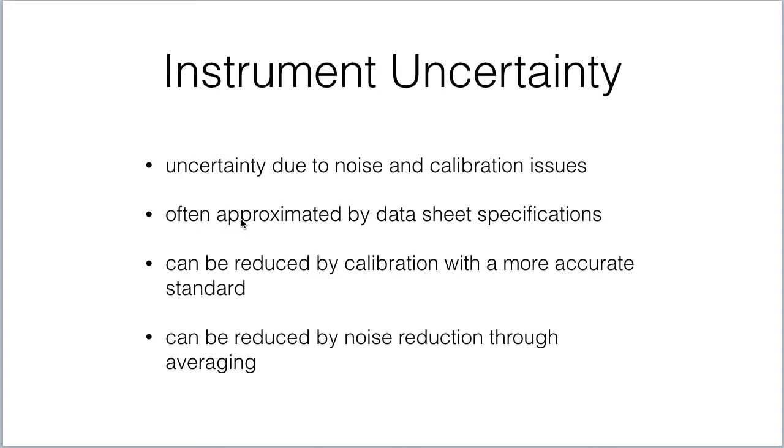And we can usually approximate what that instrument uncertainty is going to be by looking at datasheet specifications. We can improve on those datasheet specifications if we calibrate our individual sensor using some more accurate standard sensor. And we can reduce the noise through averaging. So this instrument uncertainty, for a single measurement, we can take steps to mitigate it.